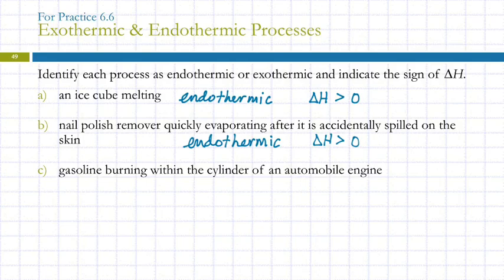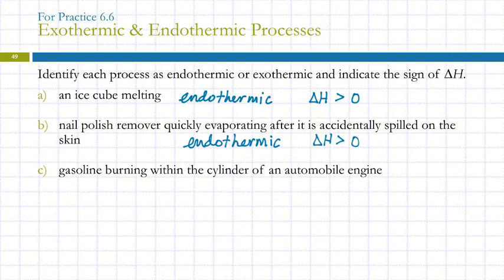Okay. Gasoline burning within the cylinder of an automobile engine. Well, anything burning, what do we experience if we are part of the surroundings around something burning? We experience heat. Our hands get hot. So is heat leaving the gasoline or going into it?